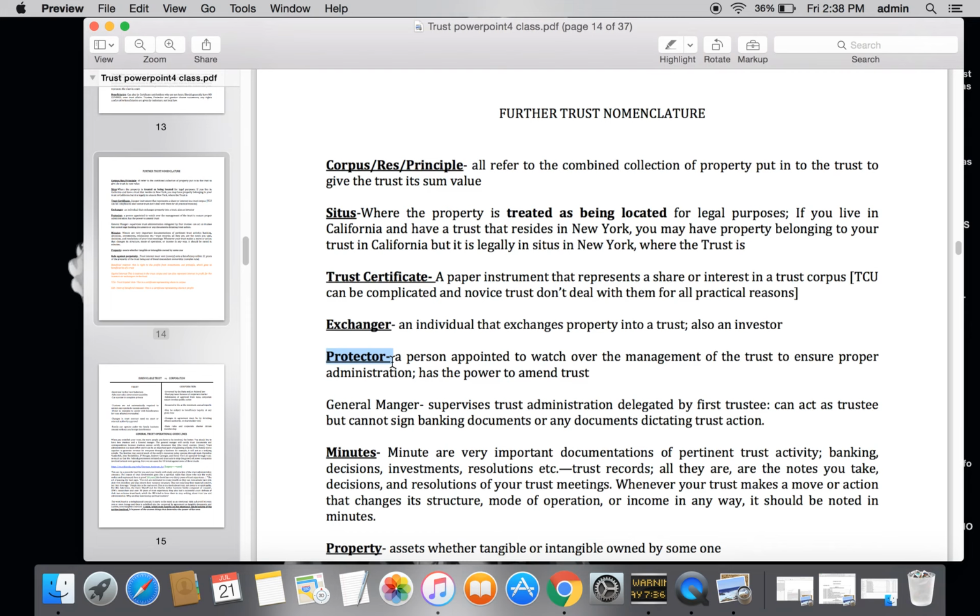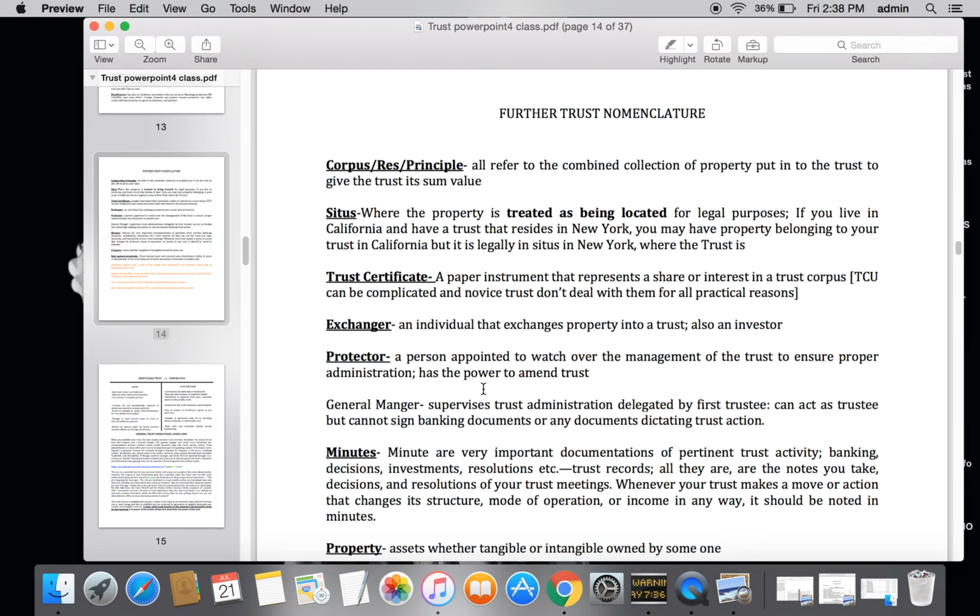And they are also the mediator between any two parties in the trust that have a conflict. So for instance, if you have beneficiaries who are questioning the trustee, rather than approach the trustee directly, they would approach the protector. And then the protector would mediate between the trustee and the beneficiaries in trying to solve the problem.